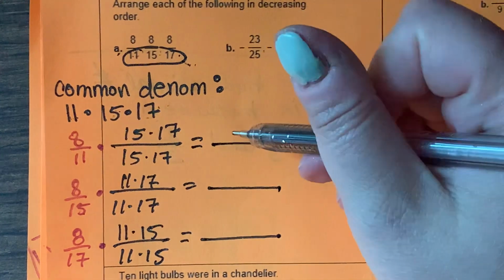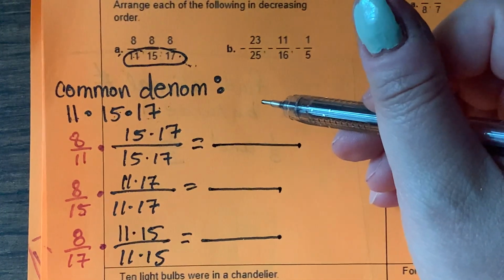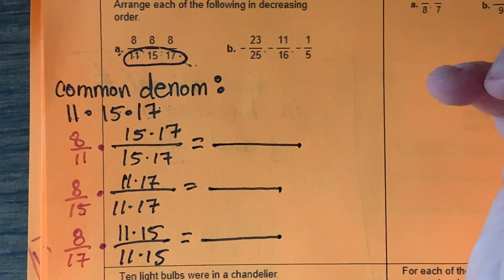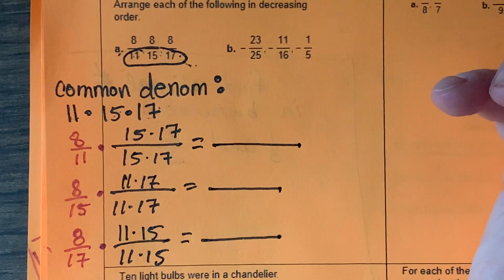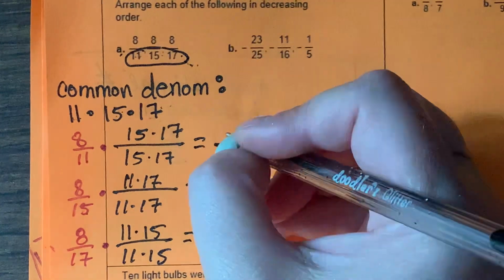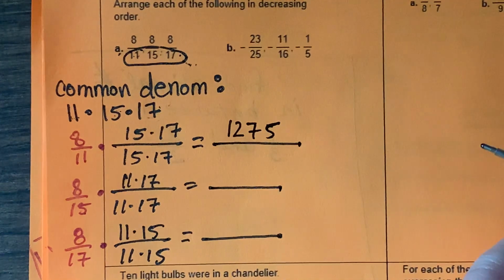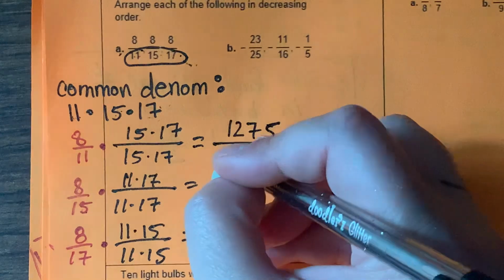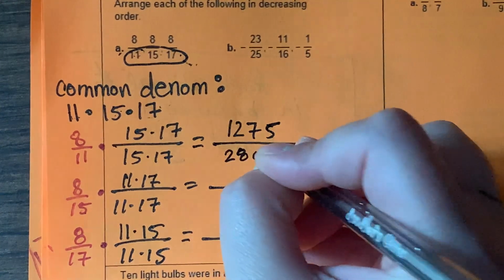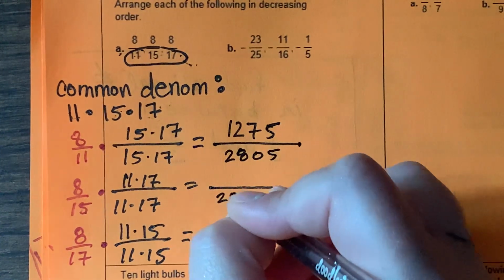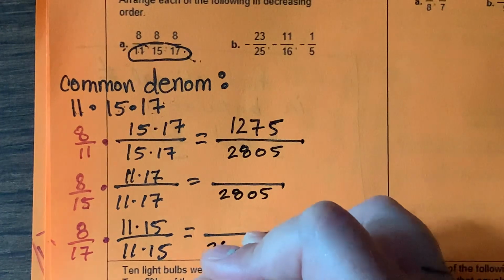So first, let's do this first fraction. 8 times 15 times 17 is 1275. Then on the bottom, we get 2805. And that should be the same denominator for all three of these.